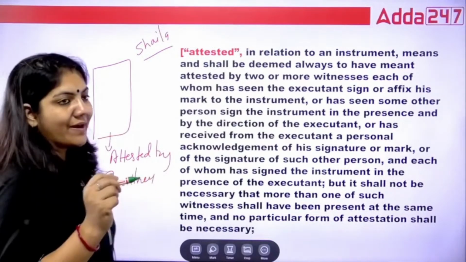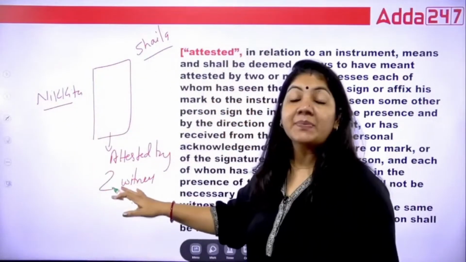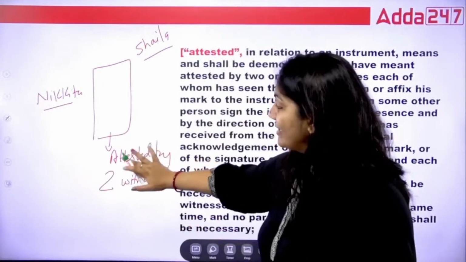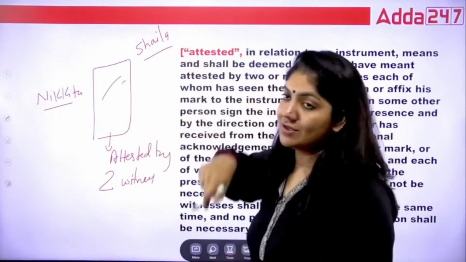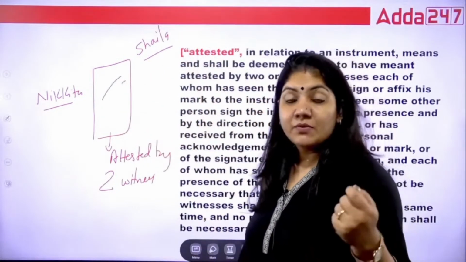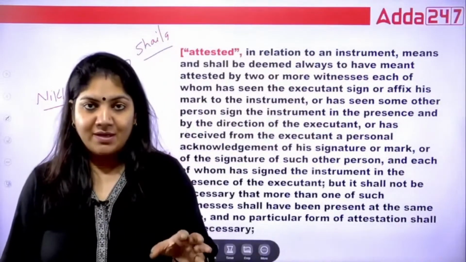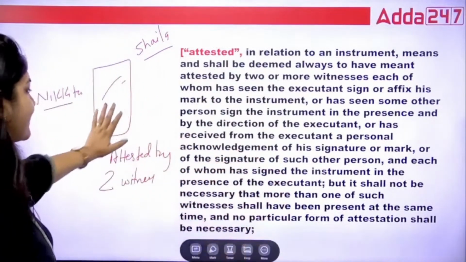What is the requirement of 2 witnesses? These witnesses are basically the evidence who can say that yes, Nikita ma'am has transferred the property to Shala ma'am. And if we are transferring immovable property, that cannot be done verbally. It should be done in written format. So this is called attested in simple language.